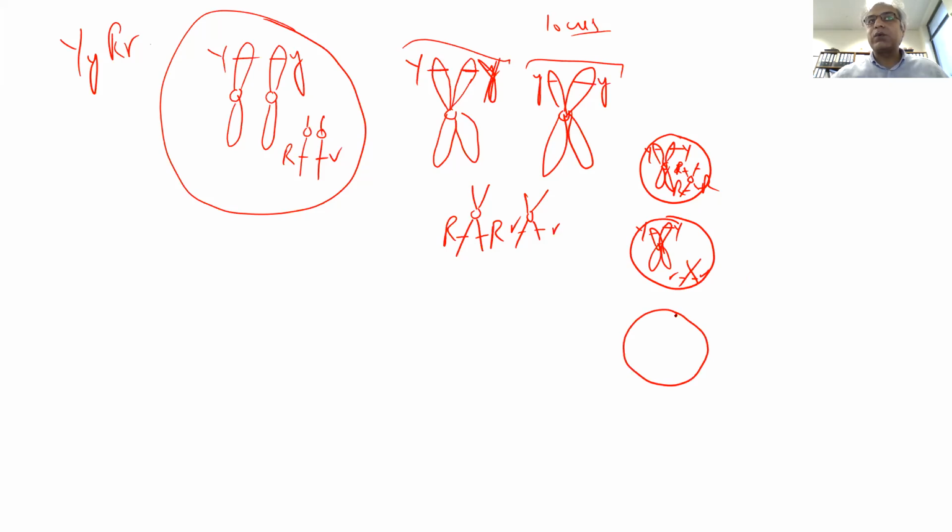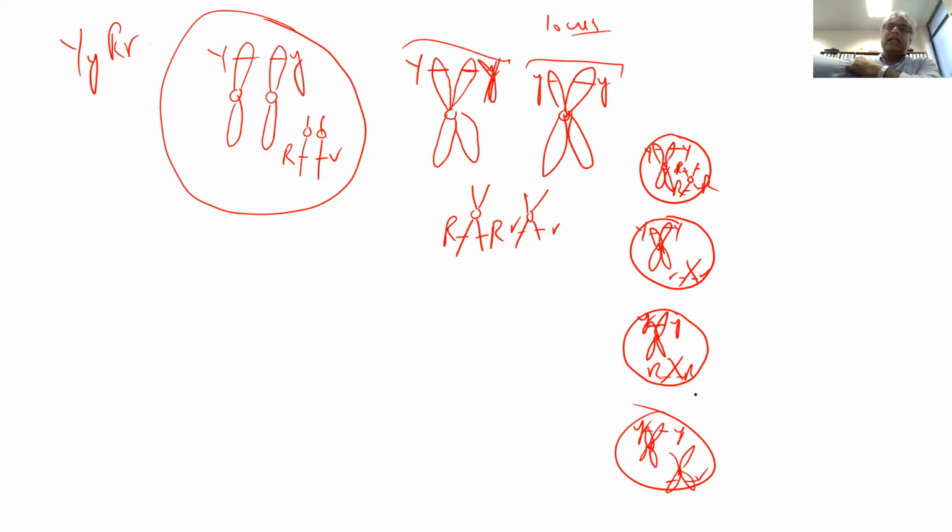Or small y with capital R, or small y with small r. These are the possibilities in meiosis 1. Whatever the possibility is, let's stick to one. Let's say it went like this.